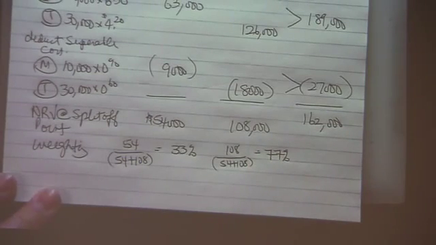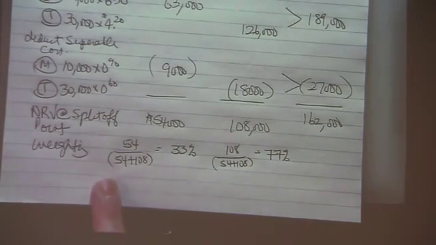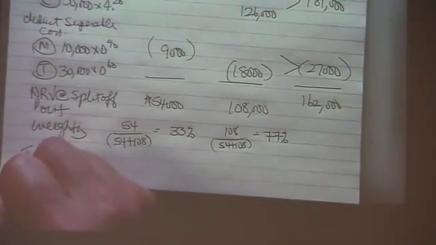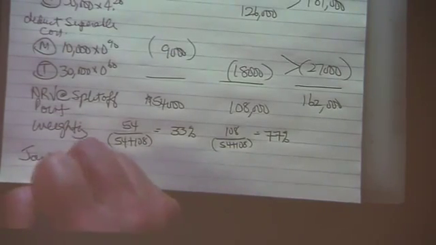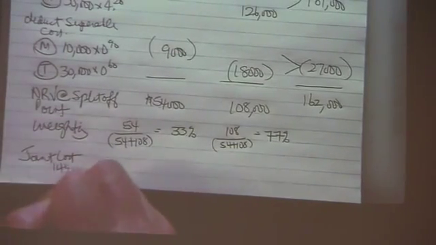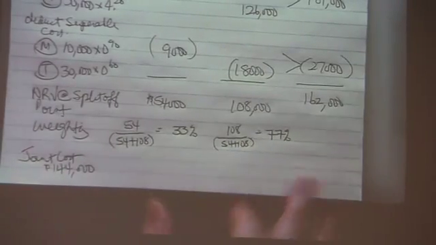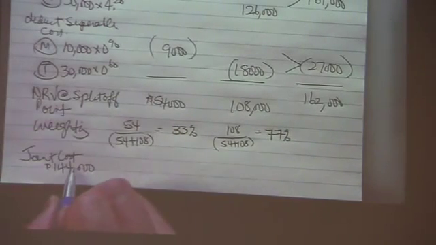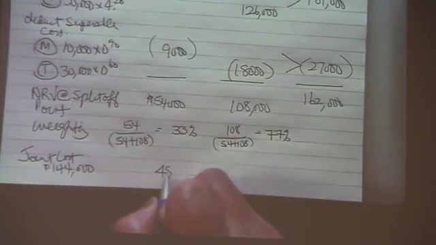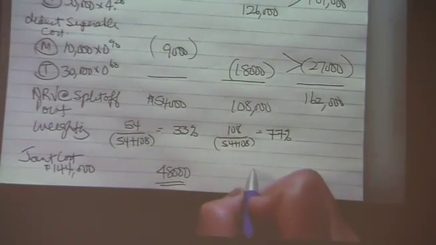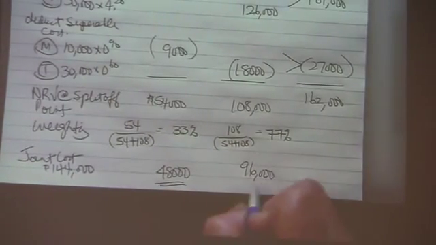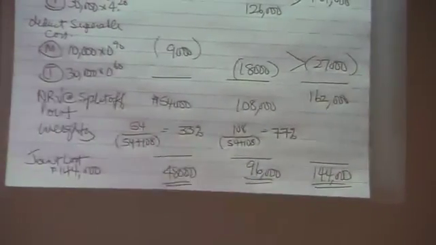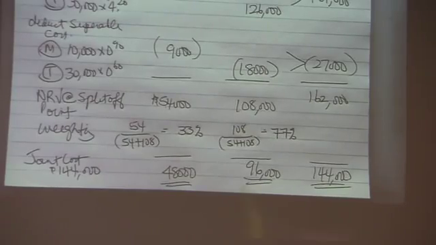Now I'm rounding, obviously, because that should be 1/3, 2/3. And then the joint cost of 144 we're going to allocate based on these relative fair values. And of course, 33% of 144 is 48,000. And this is 96,000. So these are the two numbers that I'm going to focus on.